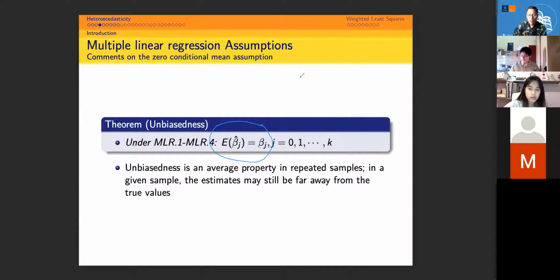So that's the first four assumptions and the unbiasedness theorem. If one of the first four assumptions is violated, the sample is not random, or the zero conditional mean assumption is violated, then you're going to face a biased estimate of the model.